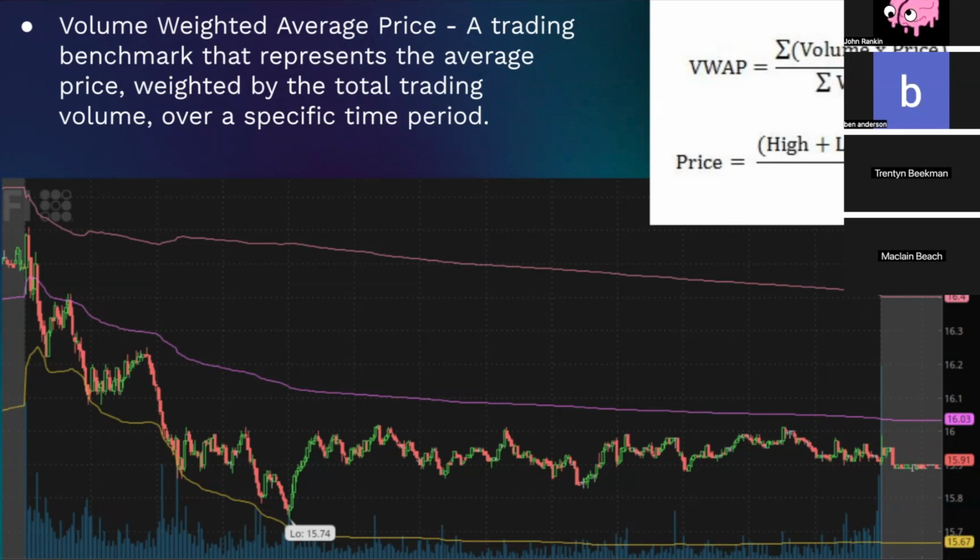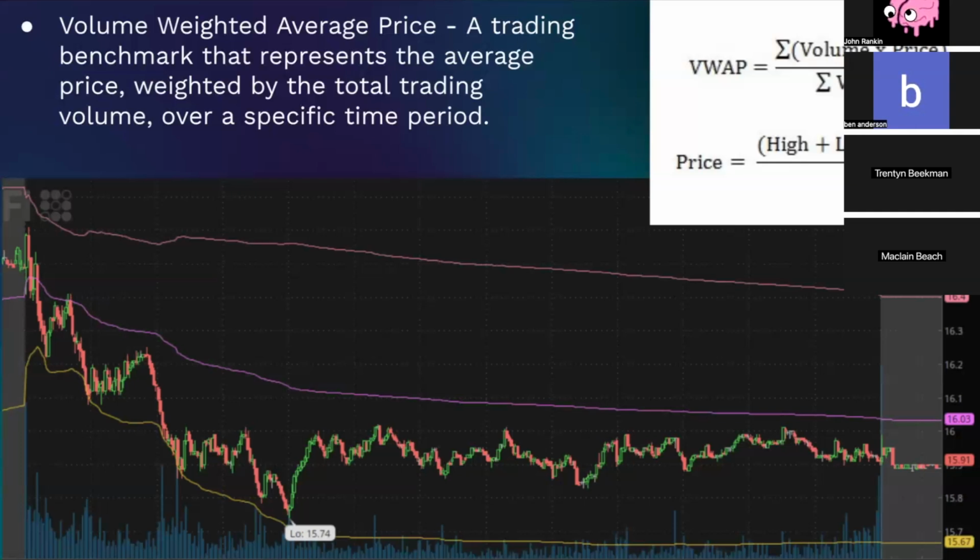These candlesticks here are all 1 minute time frames. What this does is take the volume, multiply it by the price, sum that together, and then divide by the volume. This will indicate a daily downward or upward trend.